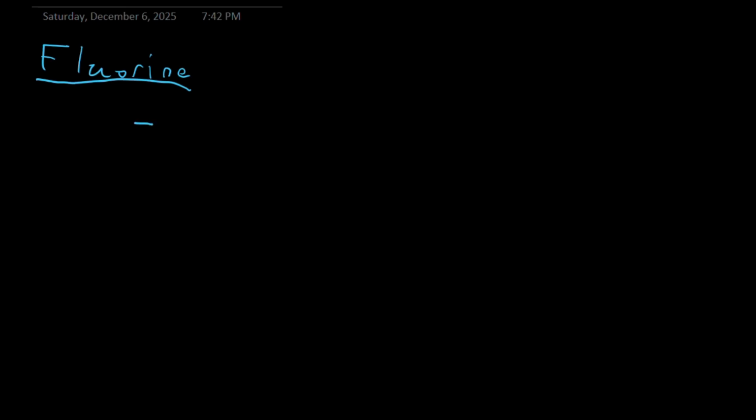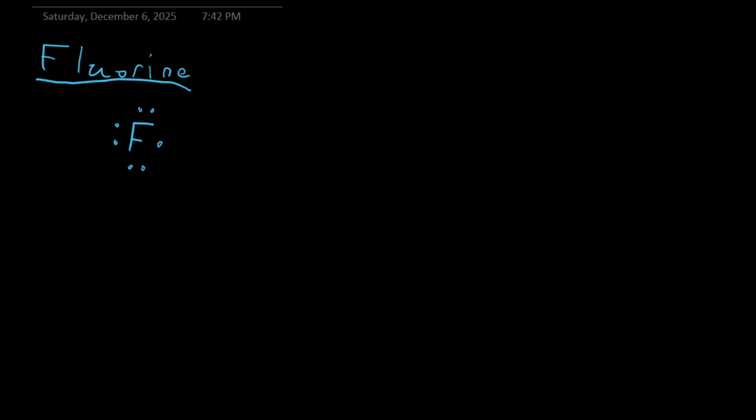We'll start with figuring out how many valence electrons fluorine has. Looking at my periodic table to see what group it's in, we see that fluorine has 7 valence electrons.